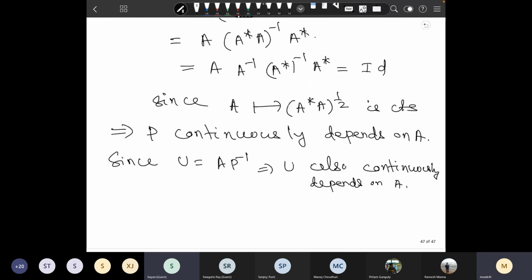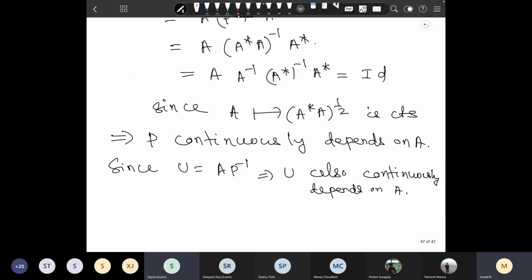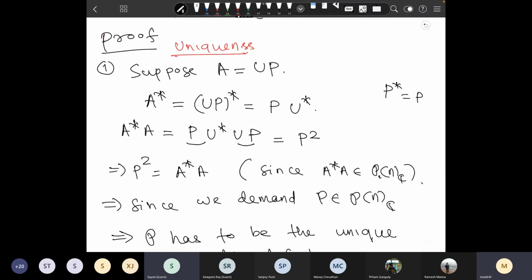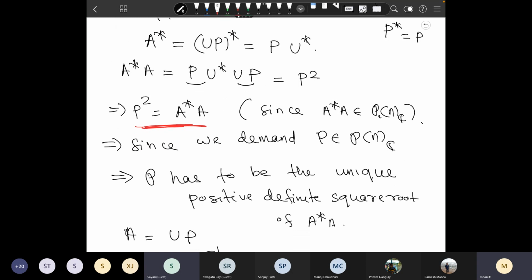So now I need to finish the second thing. If A is in GL n R, what will happen? So we will just look at the proof. You have to replace this U by some orthogonal matrix. Then you will take transpose everywhere. Instead of A star, you will take A transpose, and we will always remain inside real matrices. In that case you will get that P square is equal to A star A, and we will get that P is a real matrix, and you apply the same argument exactly.